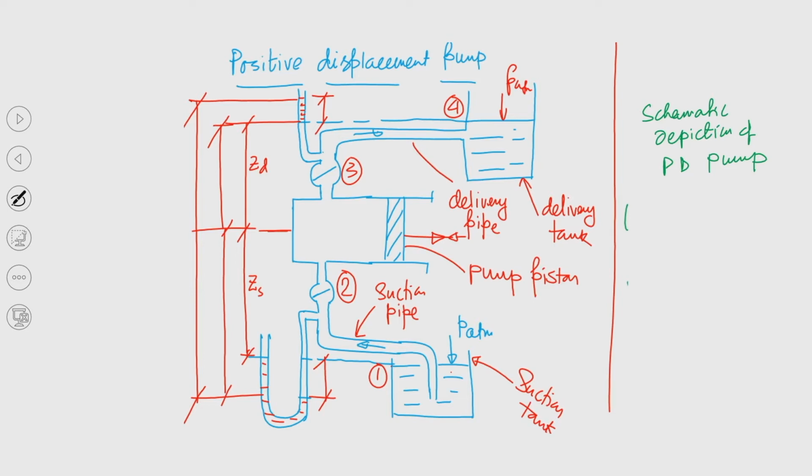So, as a control mass system, right. So, it is not a case that there is a continuous flow and continuous inflow and continuous outflow. Inflow to the pump is there during suction stroke, and the amount of liquid that is drawn into the pump into the cylinder will be discharged during delivery stroke to the delivery tank. So, as a control mass system, so there is no inlet and outlet.